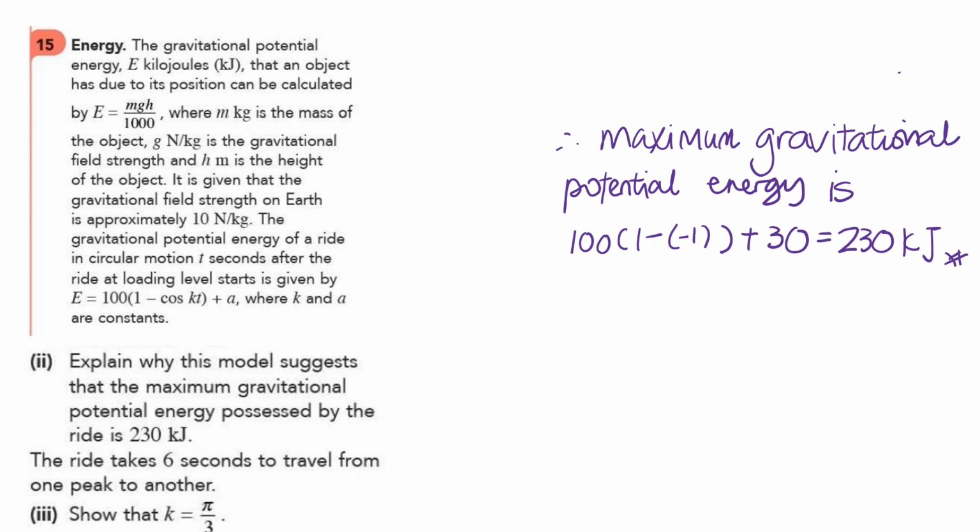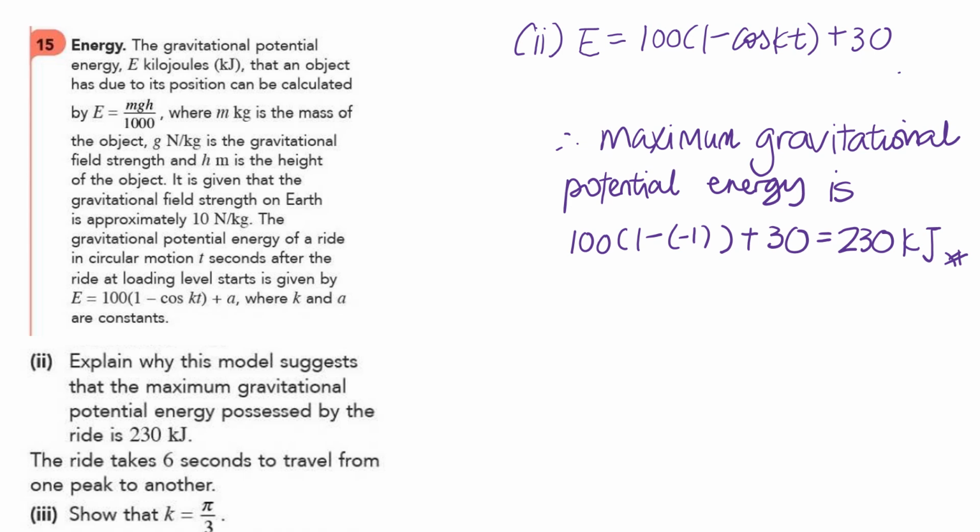The second formula, E equals 100 bracket 1 minus cos kt, plus 30, because we found A to be 30 already. Don't forget, in part I, we found A to be 30. All right. So what's the maximum value for cos kt?